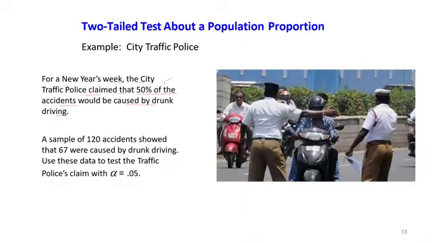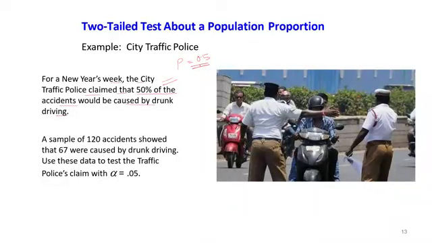So this is what the traffic police is claiming. This 50% is nothing but your capital P. It is about the entire population, that means the entire city. They are saying that on this particular eve of New Year, 50% of the accidents are because of drunken driving. So here P is 0.5.